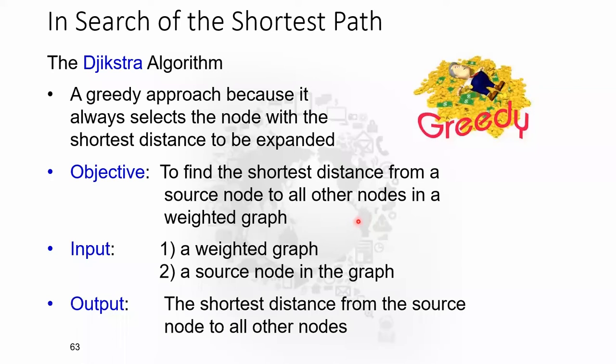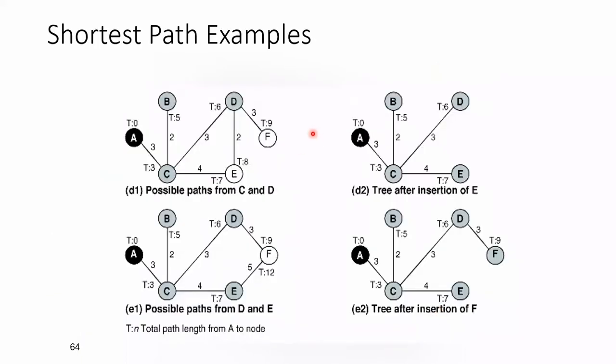For the output, of course, it would be the shortest distance from the source node to all other nodes, because you have all the nodes that you want to travel to, right? So you must go from the source node to the other nodes. This is an example of the possible paths that you can actually travel.